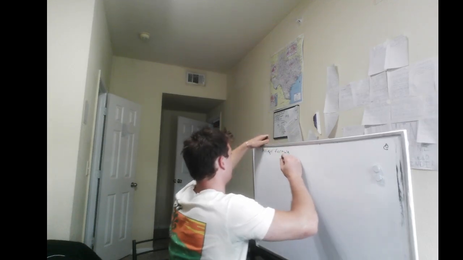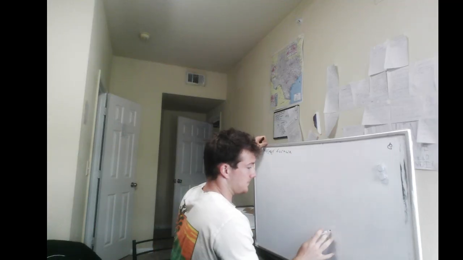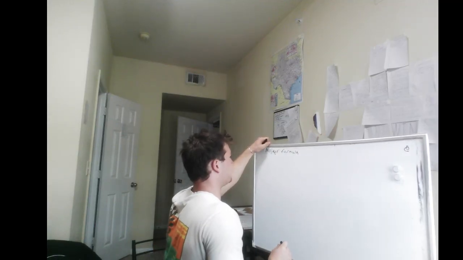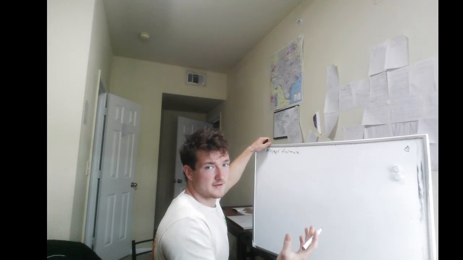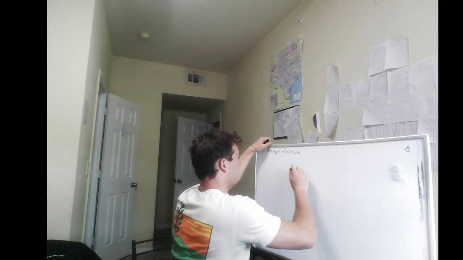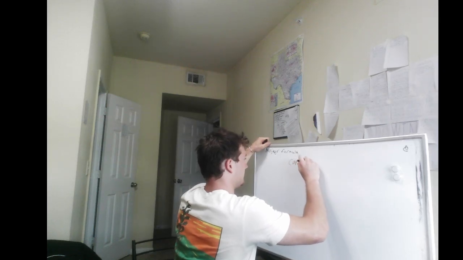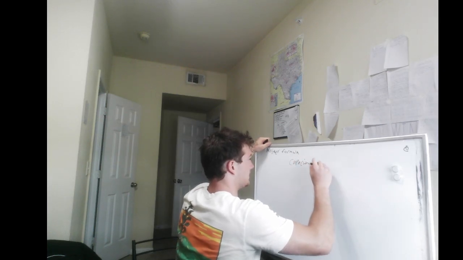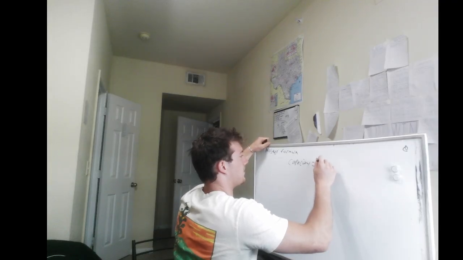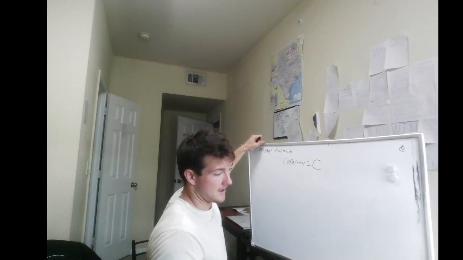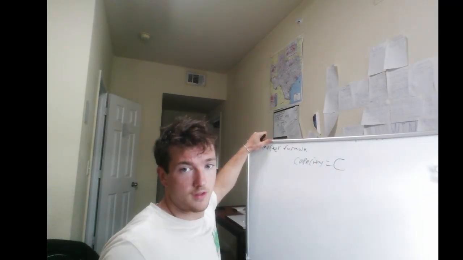formula. Okay, so for example, let's assume that what we're trying to find is capacity. Capacity equals, let's call it C, capital C. I'll get real up close for y'all.